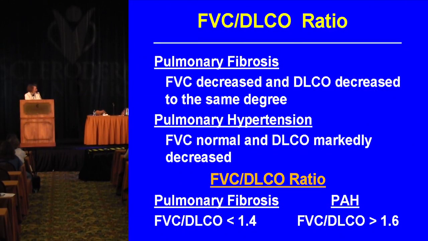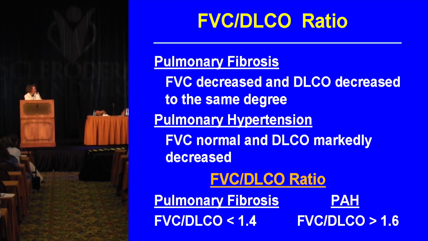So because rheumatologists are not real good at reading PFTs either, I came up with this little formula to try to help them to understand whether someone's at increased risk for developing pulmonary hypertension or pulmonary fibrosis. So when you see that in pulmonary fibrosis, both the FVC and the DLCO are decreased about the same. So if you do a ratio of the FVC over the DLCO, it's pretty much close to 1, less than 1.4 anyway.